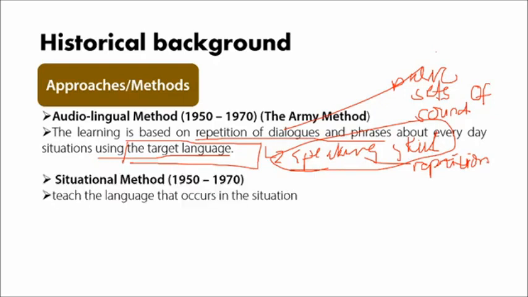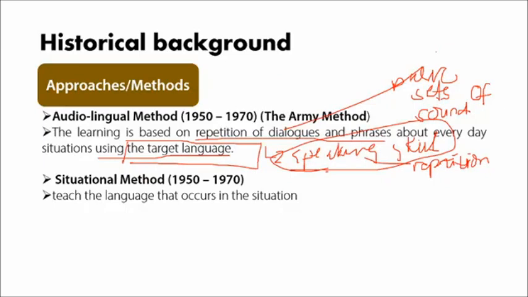The next one is the situational method, also known as the oral approach. In here, the speech, the structures, the focus, and the set of basic vocabulary items are seen as the basis of language learning. Though this is kind of unknown to some teachers, it has a big influence on language courses.